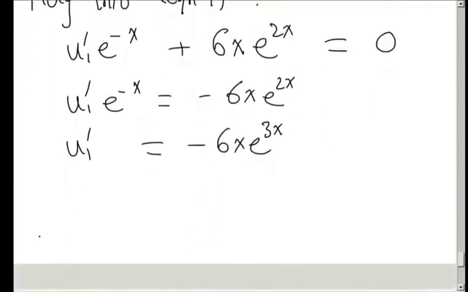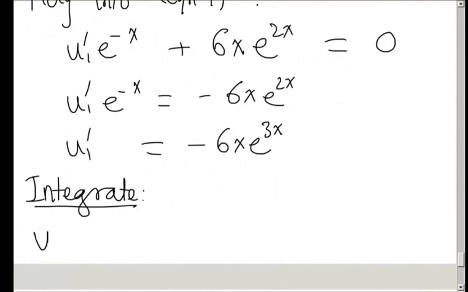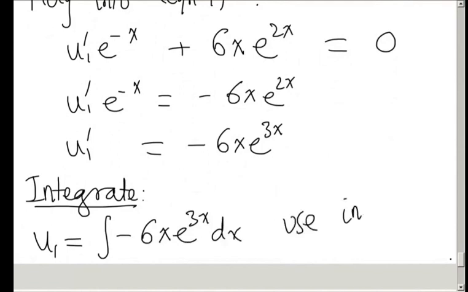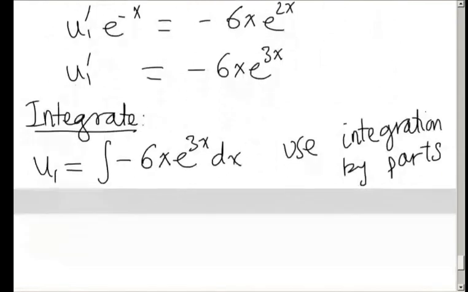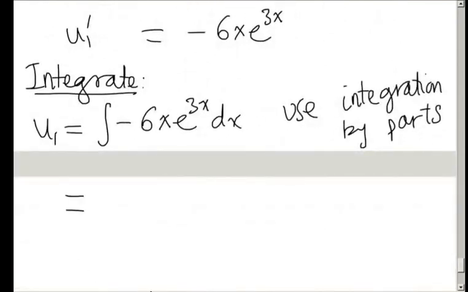Now the next step is to integrate. We know that u1 prime is above, so u1 is the integral of minus 6x e to the 3x dx, and we need to use integration by parts. I will leave it for you to do integration by parts, but over here I'm just going to write down the answer.